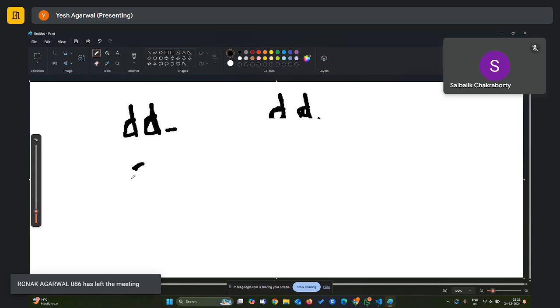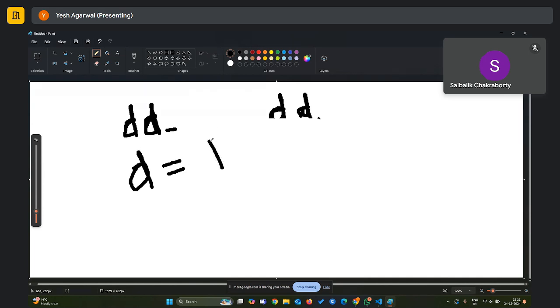See, if d is equal to 9, then obviously it will be divisible by 9, because the entire number will be d, 9, 9, 9, 9, 9, 9, and d times n factorial is divisible by 9, because d is equal to 9. The divisibility test for 9 is that the sum of all the digits should be divisible by 9.